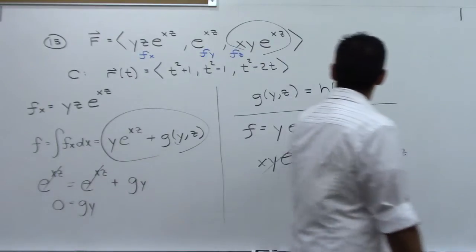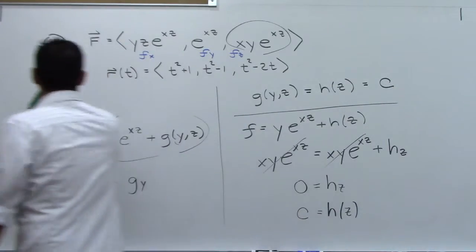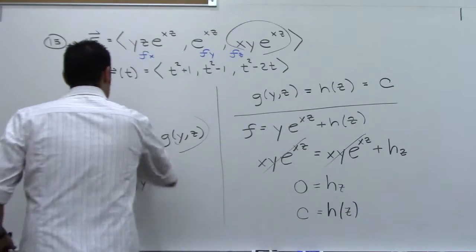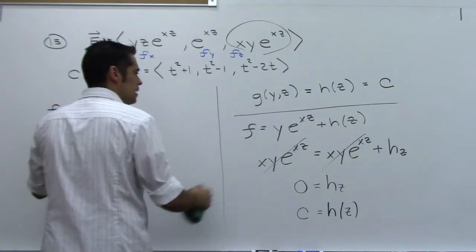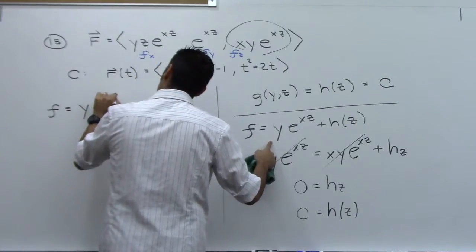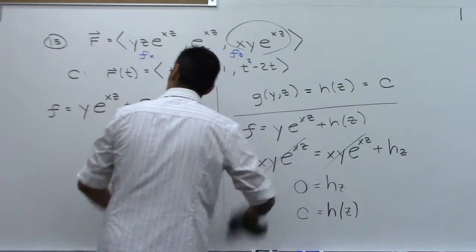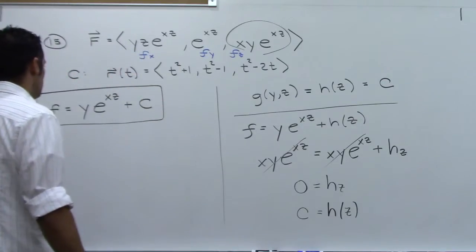So I know that this is some constant. So my final result is that my scalar function f should be equal to y e to the xz plus a constant. And this is my potential function.